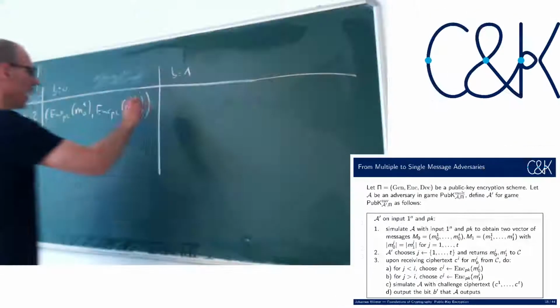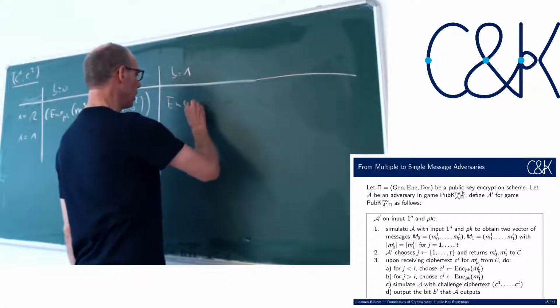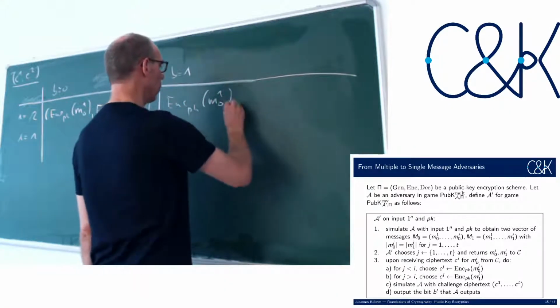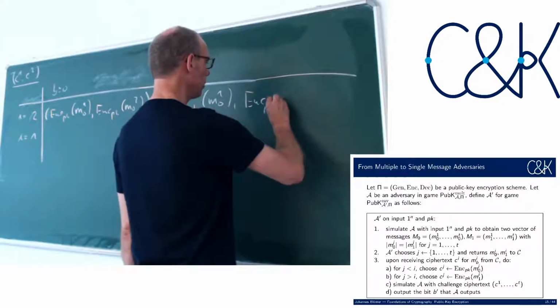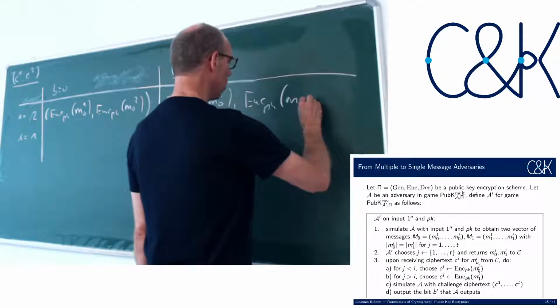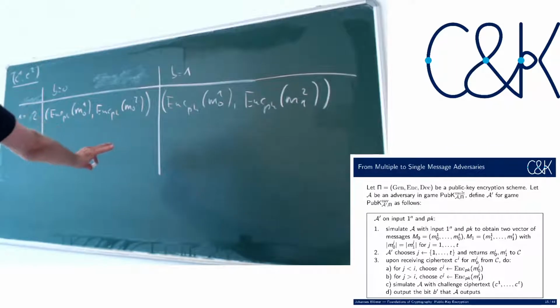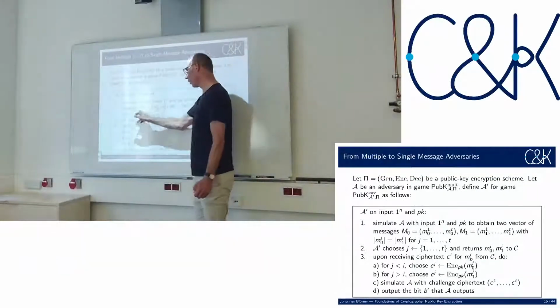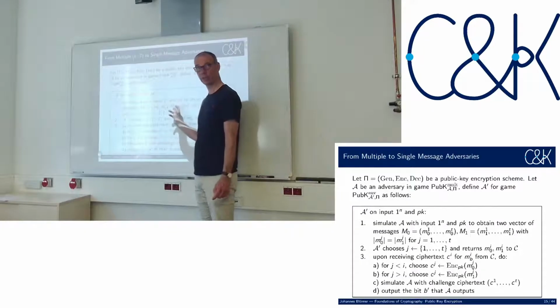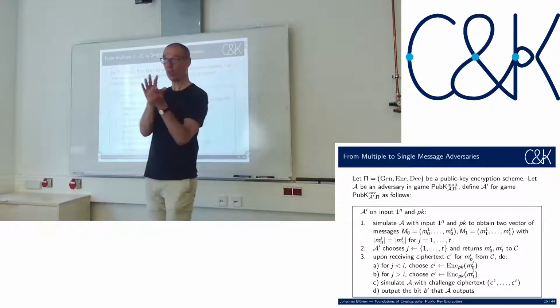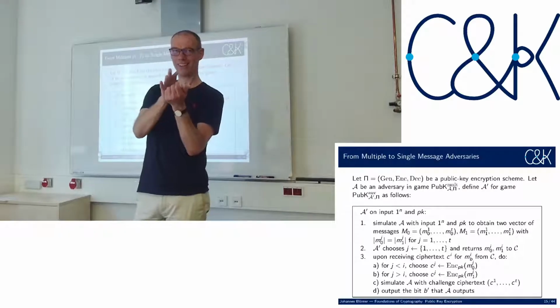So here I get the encryption under PK of M01 combined with the encryption of M12. This is not anything that A would get normally in its game, because in its game it gets either the encryption of this thing completely or this thing completely. Here I generate something that's in between. It's called a hybrid.